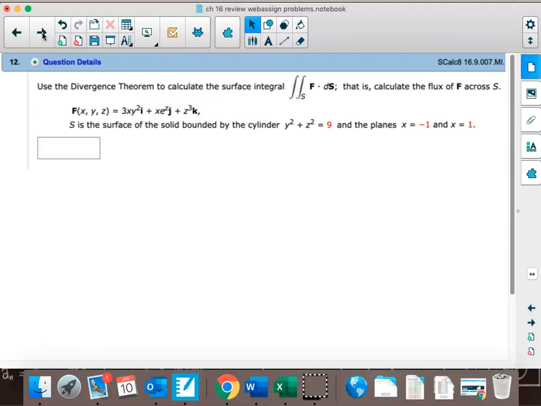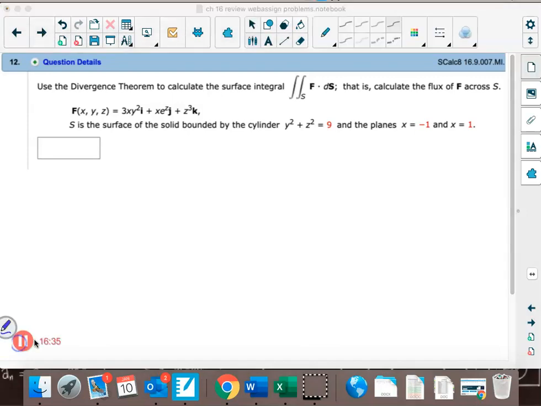So when you integrate, you're not going to do a polar with a dz, you're going to do a polar with a dx.